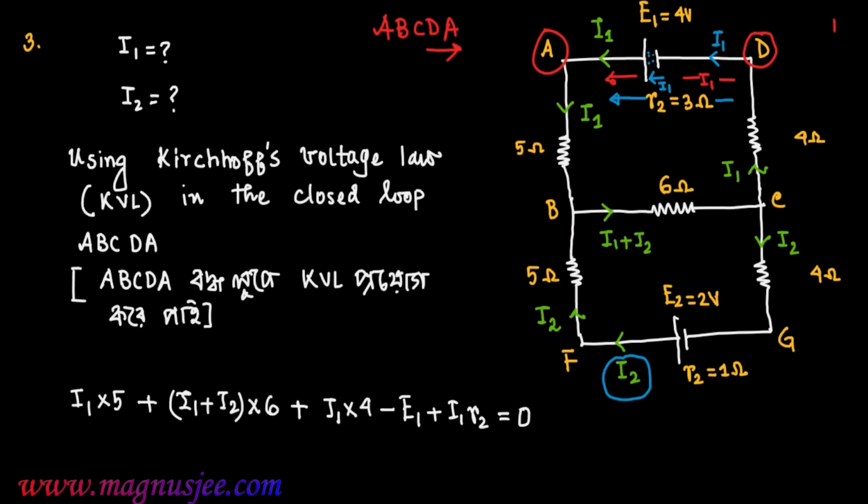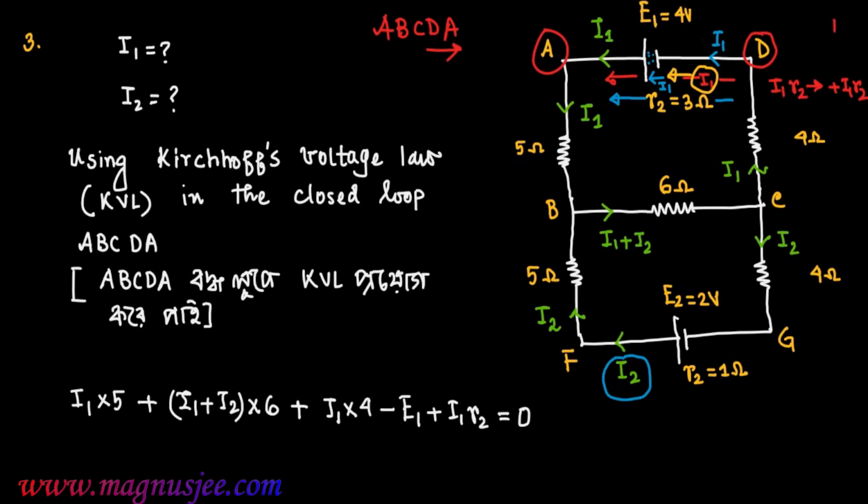That's why the potential difference across the internal resistance, that is I1 R1, will be positive, because we travel from D to A and current I1 is flowing through the internal resistance R1 in the same direction.